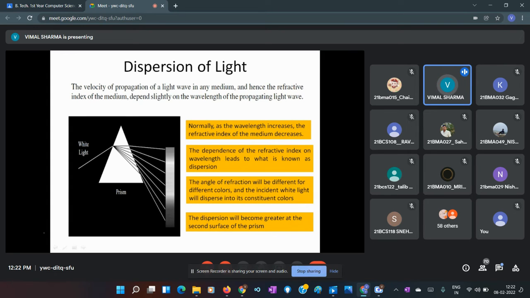Otherwise, in the same optical fiber, different wavelengths will see different refractive indices. As you see in the case of a prism, there is dispersion of light. You see different colors because they bend by different degrees, since the refractive index is different for different wavelengths. There is Cauchy's formula, which gives an inverse relation between wavelength and refractive index. This much you should understand.